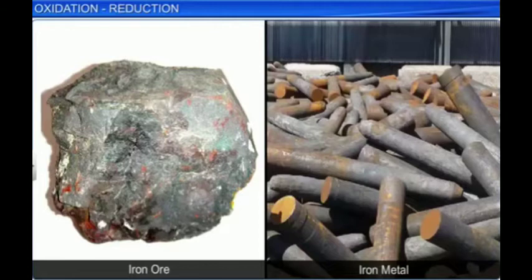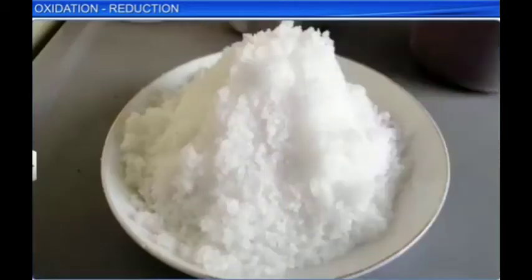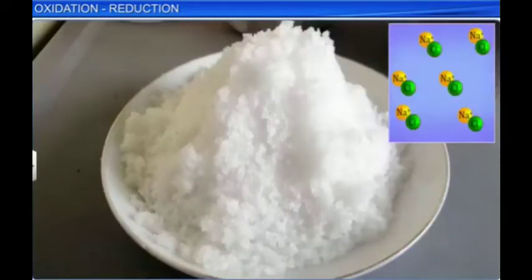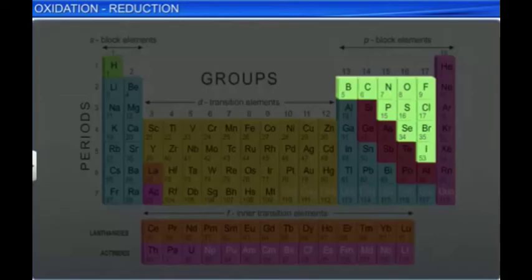You have already studied how metals are extracted from their ore by the process of reduction. You know non-metals are generally available in a combined state in their reduced form. Hence, non-metals are isolated or extracted by oxidizing their compounds.